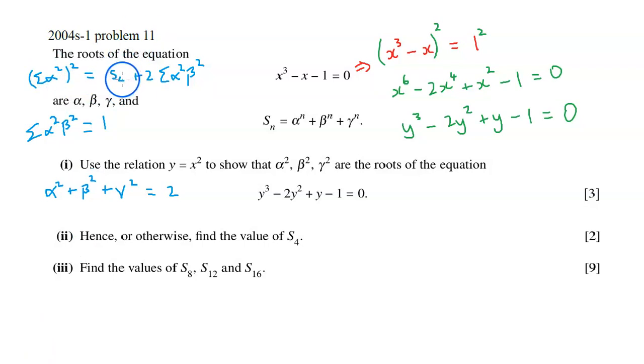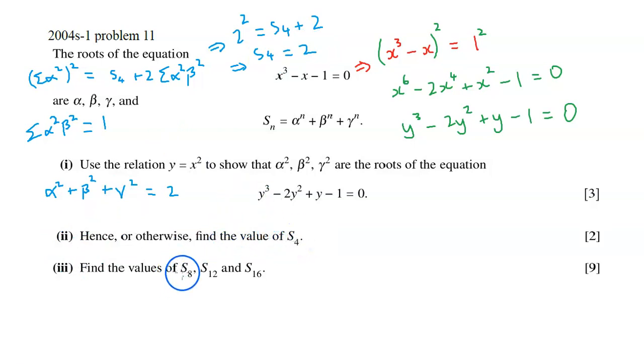Fix that. Alright, and then just quickly finishing that off, because since we got that far, the sum of alpha squared is 2, so 2 squared is equal to S4 plus 2 times 1. And then from there we get S4 is equal to 2. So that's one way to do it fairly quickly.